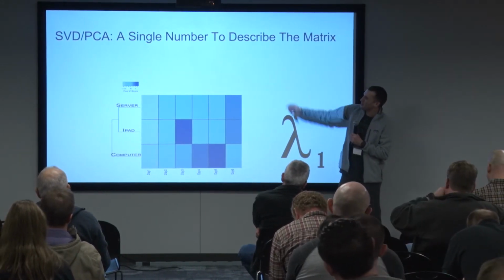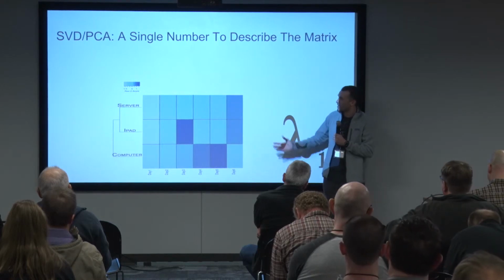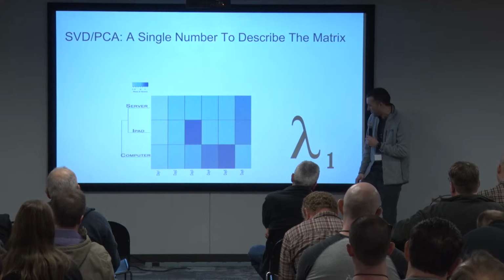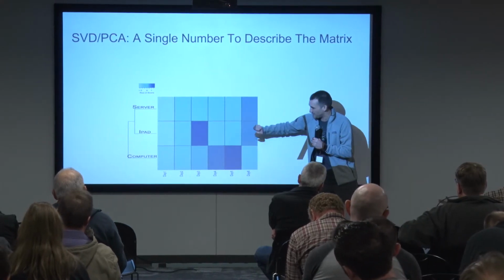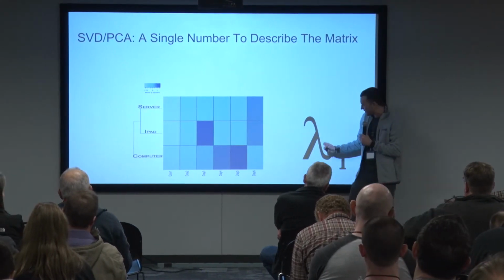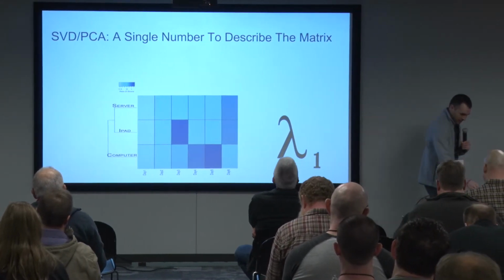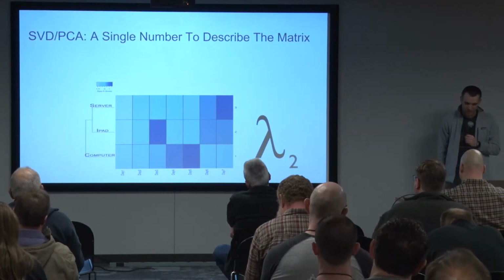We use an algorithm called SVD. It's pretty synonymous with PCA if you've ever heard of either of them. Basically, we hit this matrix with one of those algorithms and we get a single number to describe the matrix. That's the key intuition here from an analytics computation perspective.